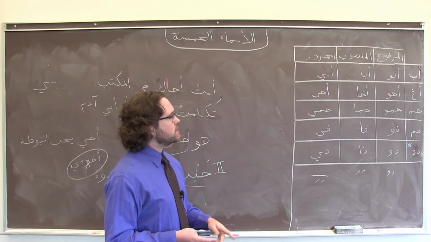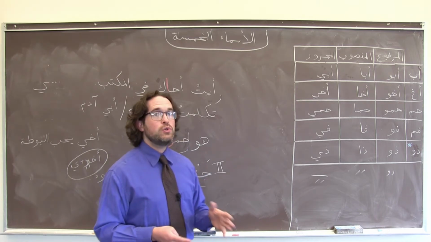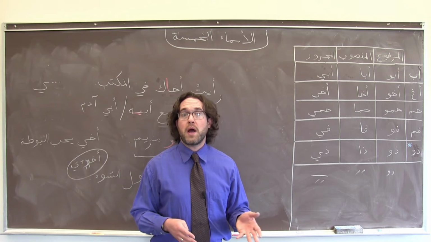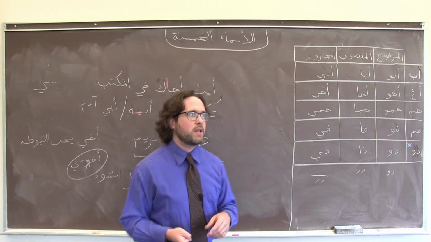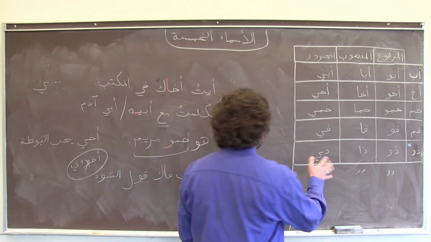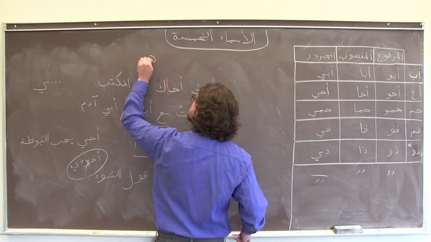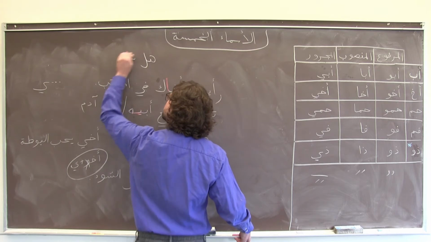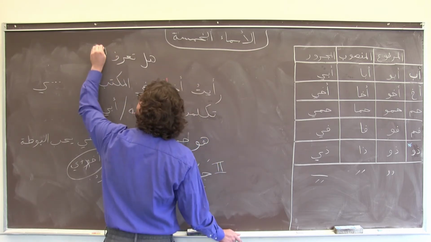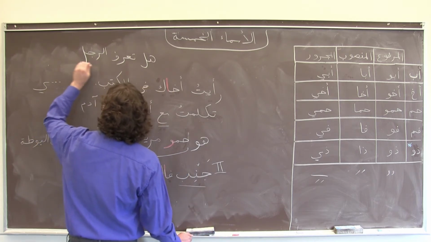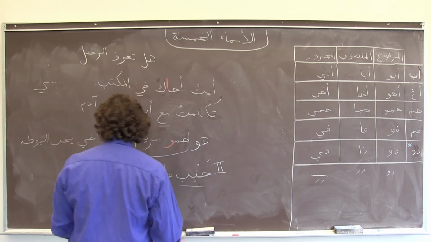So if we wanted to say, do you know the man who has black hair, the man with the black hair, we could express it using dhu. هل تعرف الرجل? Do you know the man?